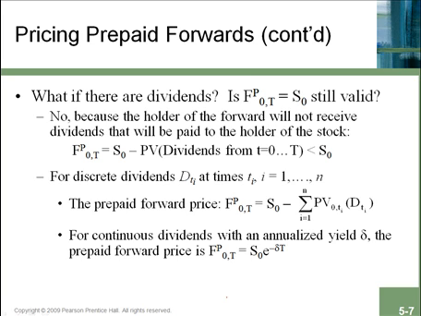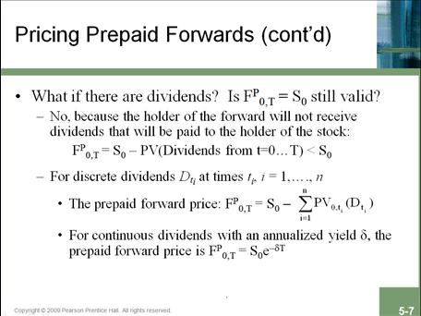So what does that mean for the value of the prepaid forward? It simply means that its value is going to be the stock price minus the present value of any dividends paid between today and contract expiration. And so that means the prepaid forward is going to have a value that is less than the current stock price. And the more dividends that are paid, the bigger the difference will be.